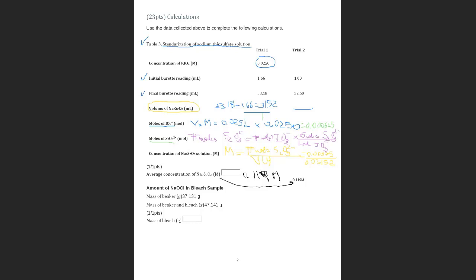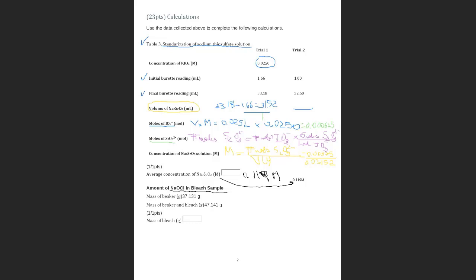Now we are doing the second titration. We are calculating the amount of hypochlorite in the bleach sample. So if you remember the procedure, first you weigh the beaker with the bleach and then the empty beaker, and by difference you calculate the grams of bleach that you are using in your titration. So obviously it's 47.141 minus 37.131.